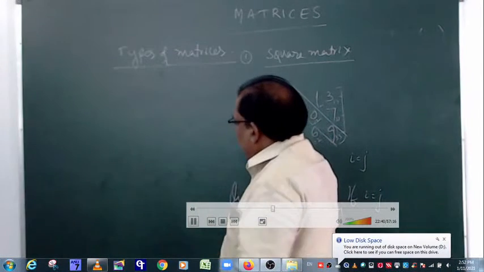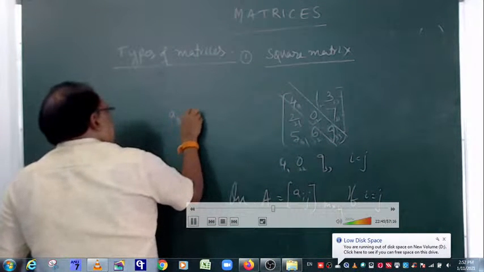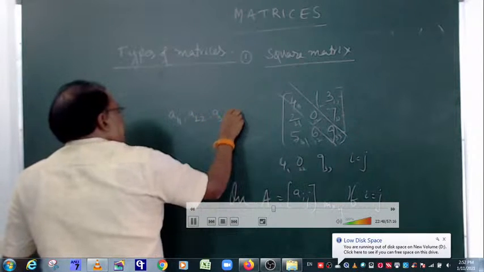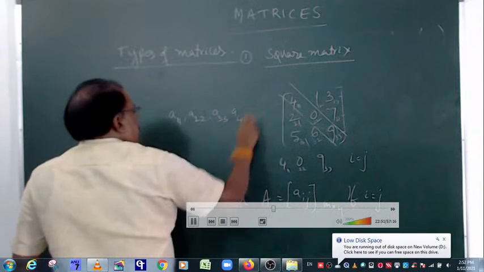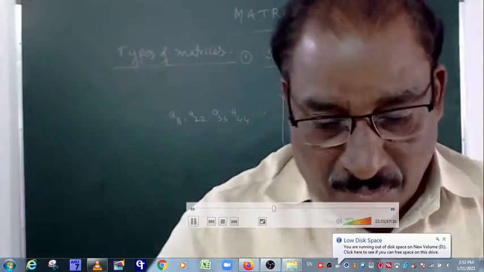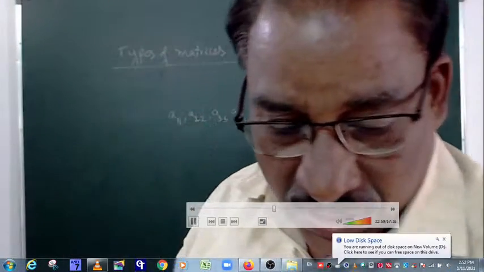In a square matrix, the elements A11, A22, A33, A44 are called the principal diagonal.